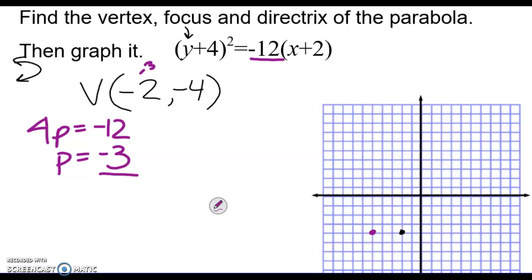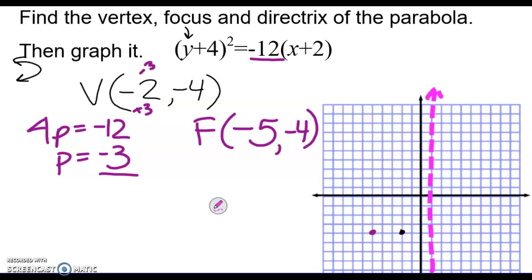That means my focus is at (-5, -4). You can either count it or write it. Either one is a great way to do it. Then I know that my directrix has to be 3 the other way. So 1, 2, 3. Here it is at x equals 1. So again, either by adding or by just counting, either is great.